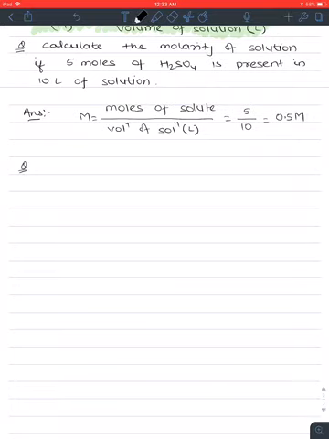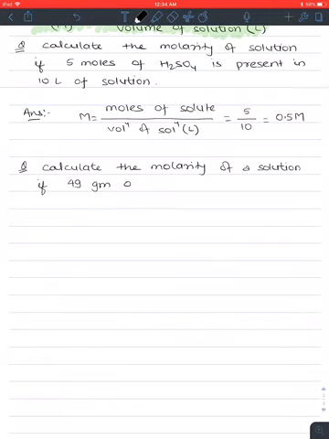Let's do one more question. Calculate the molarity of a solution if 49 gram of H2SO4 is present in 1 liter of solution.